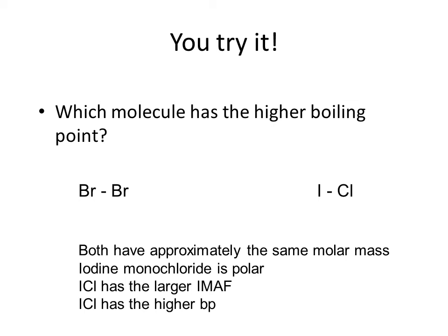This molecule will have dispersion forces of approximately the same magnitude as that of bromine because the molar mass is the same. However, iodine monochloride has a dipole in it because you have two different atoms, of which chlorine is the more electronegative. So this is a polar molecule and will exhibit dipole-dipole intermolecular attractive forces.